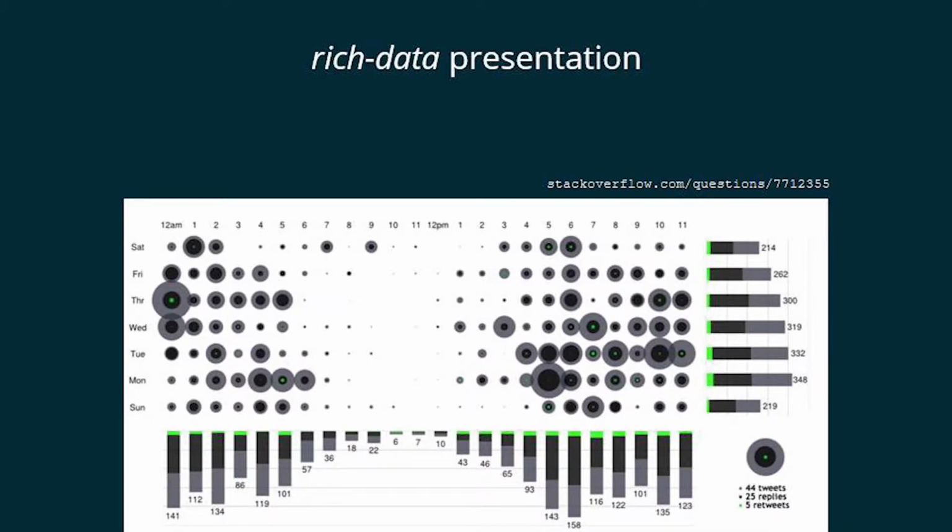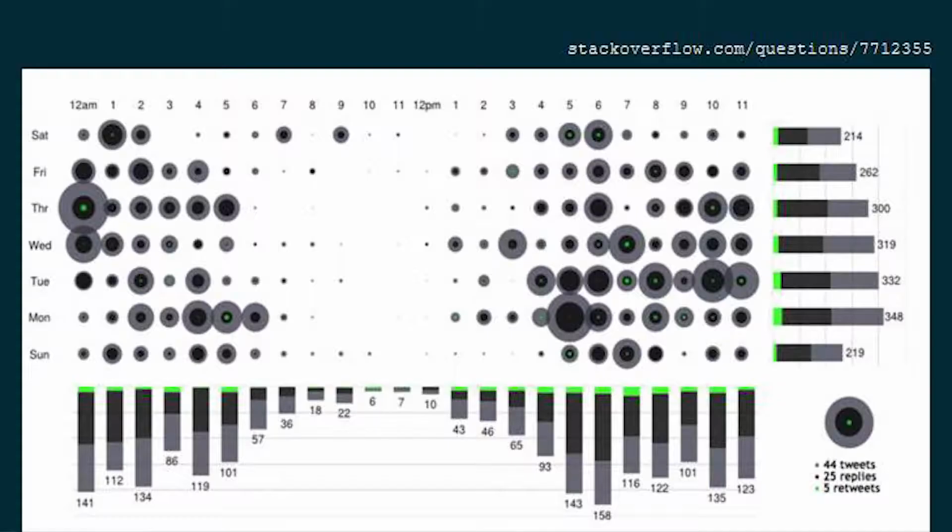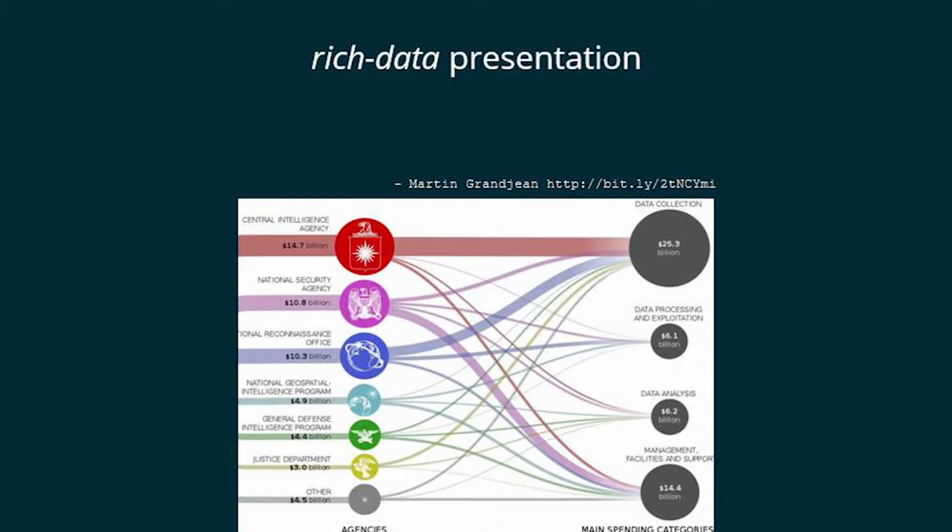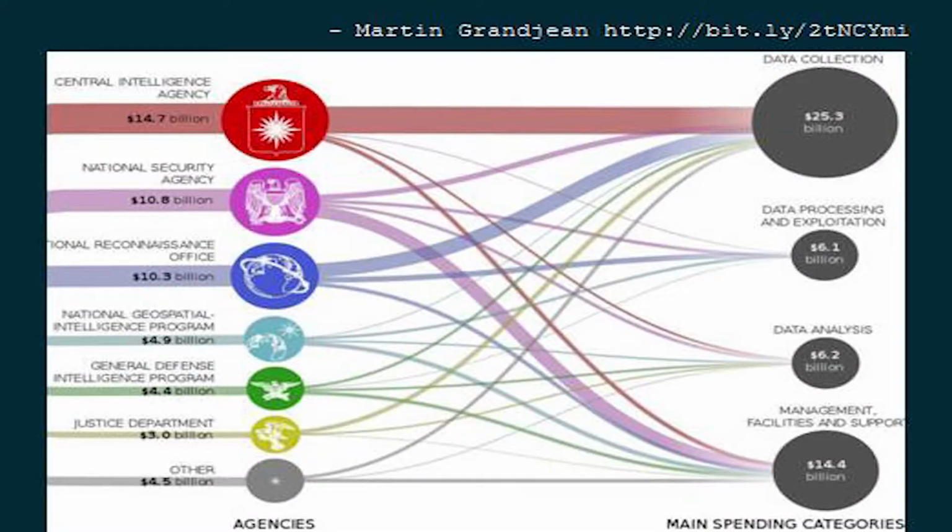Here's another example of a rich data presentation where we're looking again at time-based data, where we have some categories of tweets, and we're looking at those versus time, the day of the week, and then different categories of tweeting activity. And then another, and this now is really complicated.